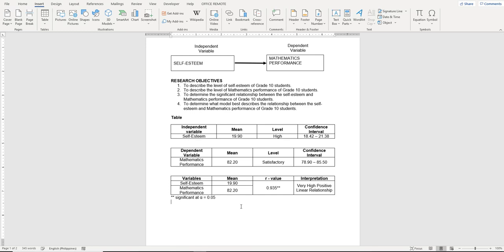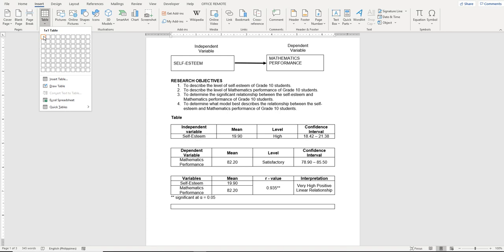Okay, so for our table number 4, we have the independent variable, the dependent rather, then we have the coefficient, R squared, and the p-value.